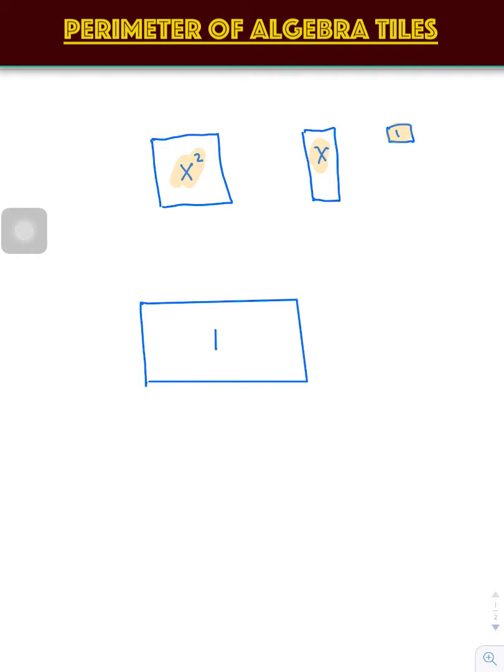So if we had a rectangle with an area of 12, with a side length of 6 and a side length of 2, its perimeter would just be all of the side lengths added up: 6 plus 6 plus 2 plus 2, for a total of 18.